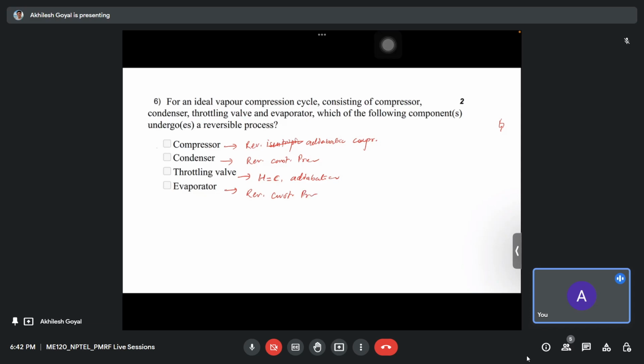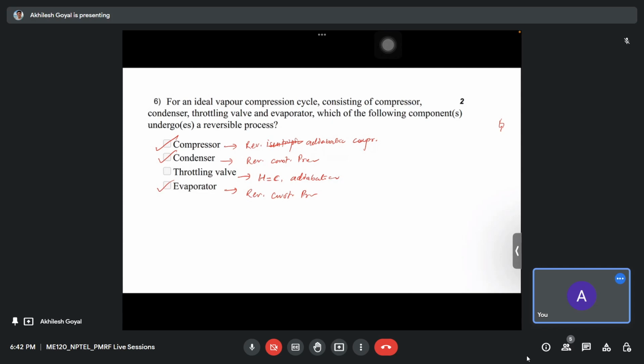So in the case of compressor, condenser, and evaporator, all these three components work on reversible, adiabatic, or constant pressure processes. But in the case of throttling valve, this works on adiabatic expansion that has a constant enthalpy throughout, but this is not a reversible process.